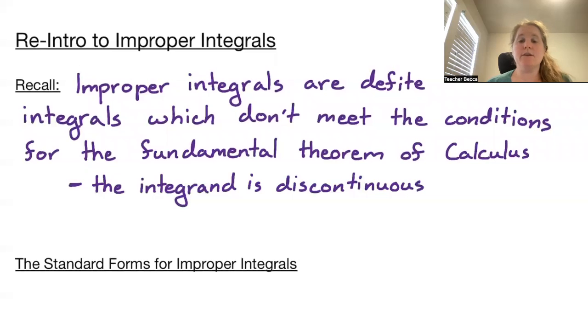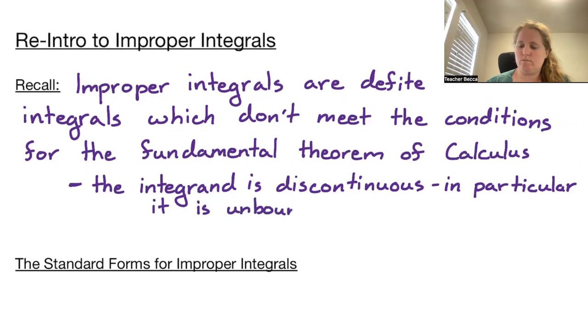And in particular, we're going to look at the case where it's unbounded. So typically that will appear as a vertical asymptote.